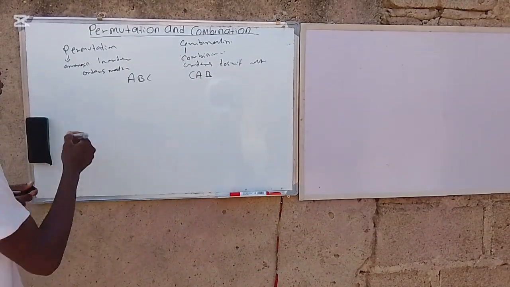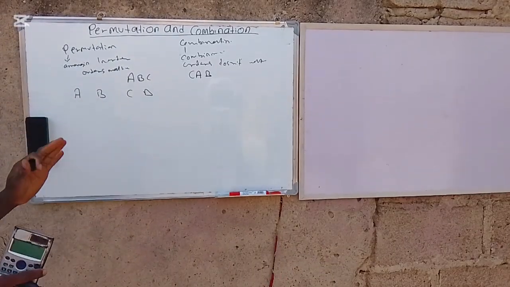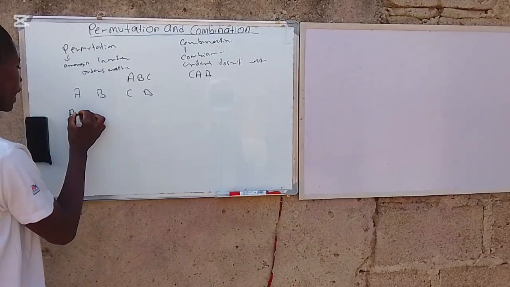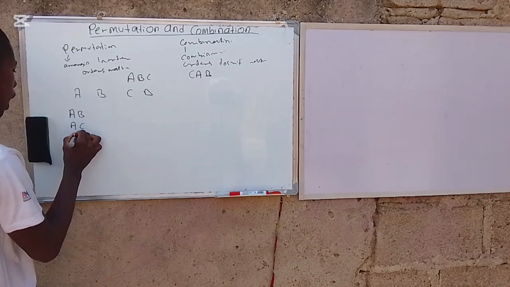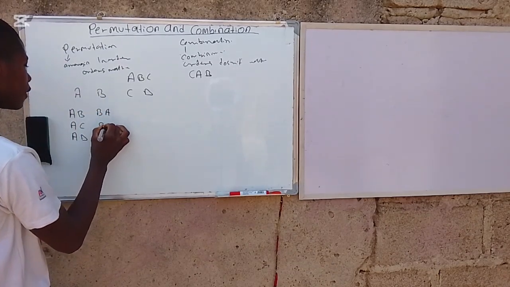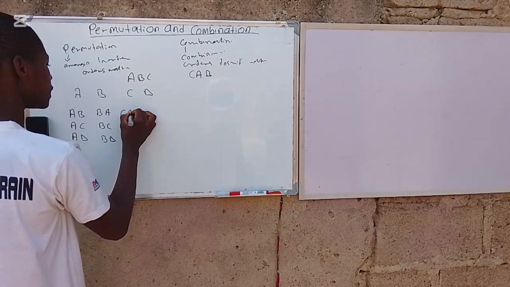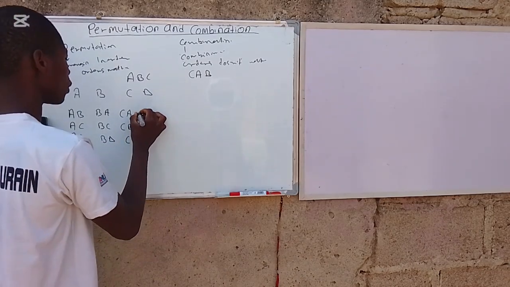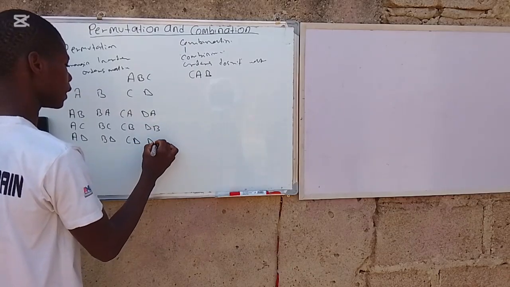Suppose I have A, B, C and D. What will be the permutation and combination of this? In permutation I'll have AB, AC, AD, and therefore BA, BC, BD, and therefore CA, CB, CD, and also DA, DB, and DC.